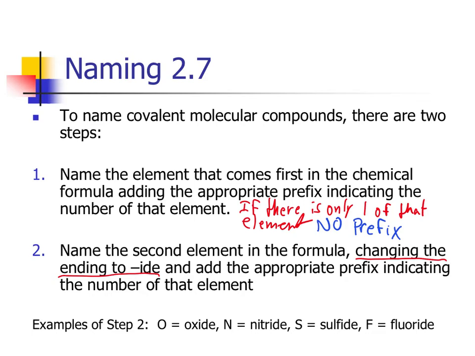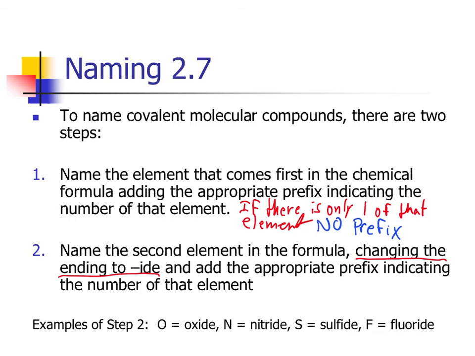Now, changing the ending to IDE can sometimes be tricky because you're changing anywhere between 2 to 4 letters on the element's name. A lot of it comes down to being able to hear yourself say them. Just as if you were learning another language, you say these things in class so that you can hear yourself and hear the teacher say these names.